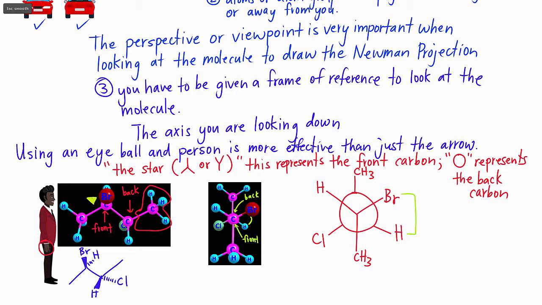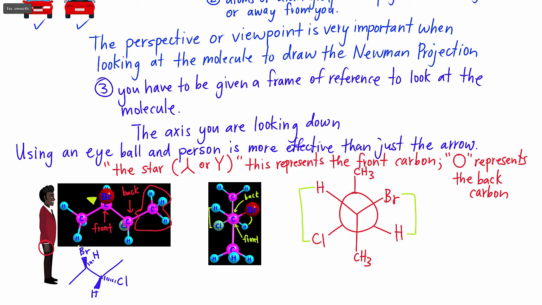So you know you're on the right track with that. Notice how the hydrogen and the chlorine are on the same side. The hydrogen on the front carbon is on the same side as the chlorine on the back. So you're on the right track with that. And you can see this being true with your dash and wedge.